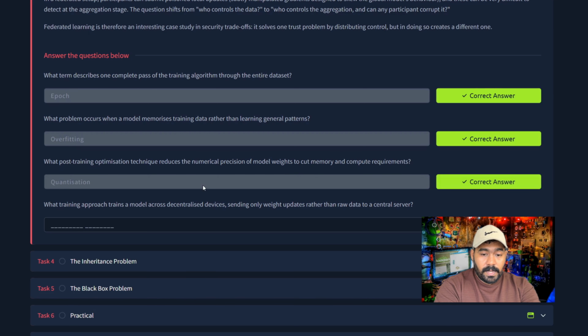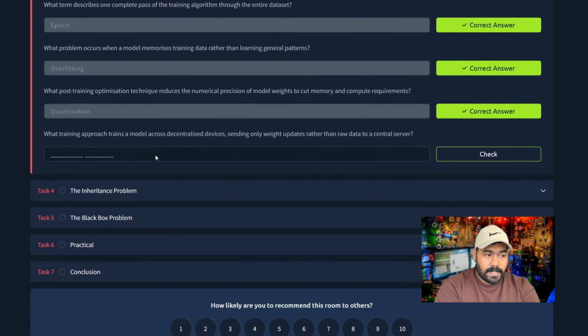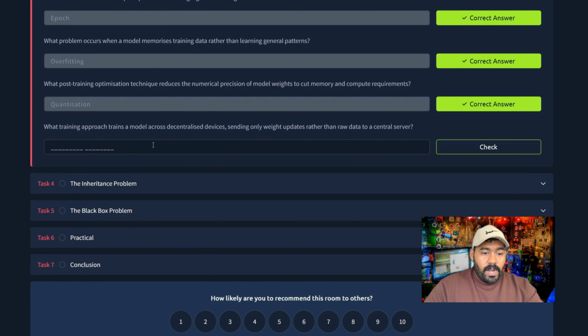Yes, that's correct. What training approach trains a model across decentralized devices, sending only weight updates rather than raw data to a central server? The last point, let's scroll: federated learning. Let's copy and paste. That's correct.